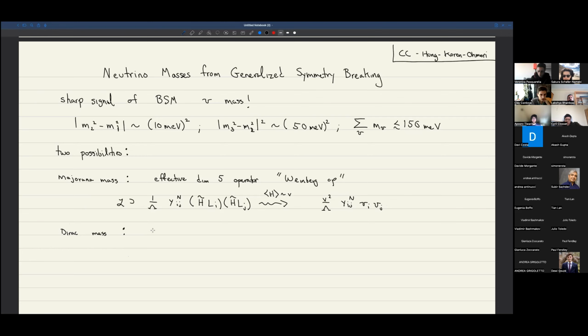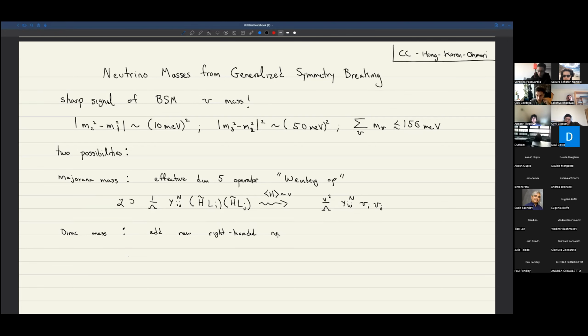So that's qualitative possibility 1, and qualitative possibility 2 is a Dirac mass. Here, first we add new right-handed neutrinos. There are new fields. They're gauge neutral under the standard model gauge group. So we'll call them N. And then what do you include in the Lagrangian? Once you have right-handed neutrinos, the neutrinos can get a mass through a renormalizable interaction, just with the rest of the fields in the standard model.